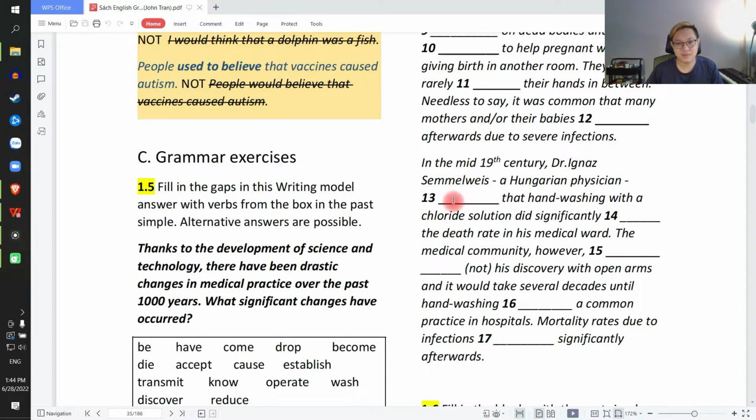Dr. Ignaz Semmelweis, a Hungarian physician, discovered that hand washing with a chloride solution did significantly reduce the death rate in his medical world.